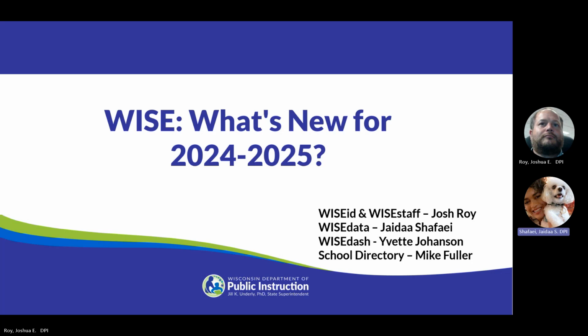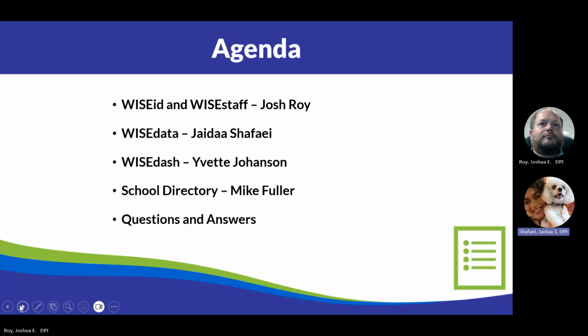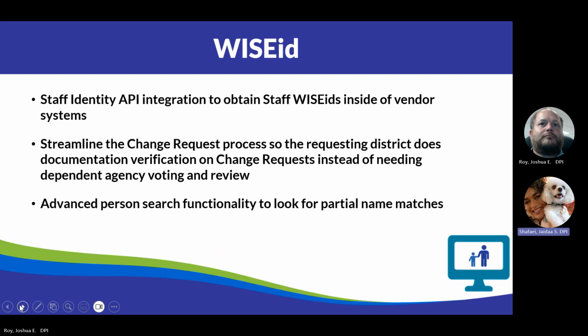For WISEid, the new functionality we're planning on releasing this next year: we're going to add identity API integration into the WISEid application for staff so that you'll be able to get your staff WISEids from within your HR payroll system.